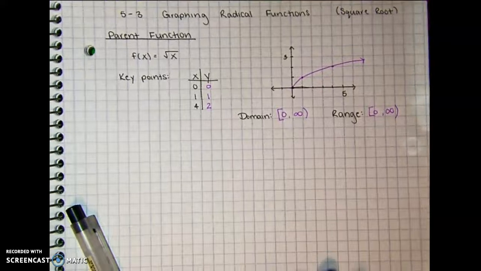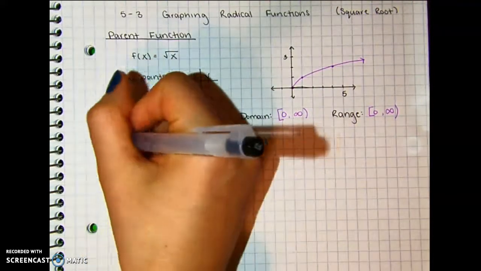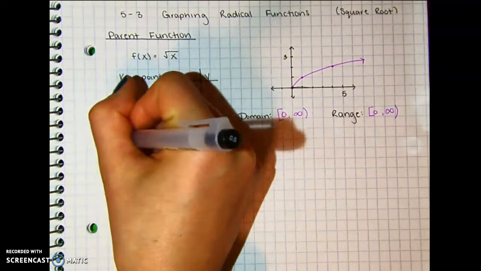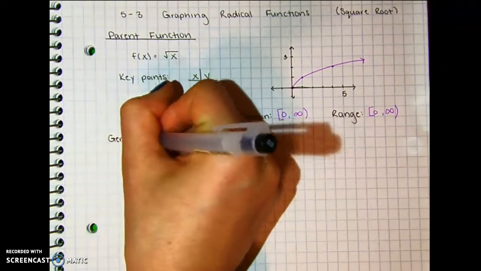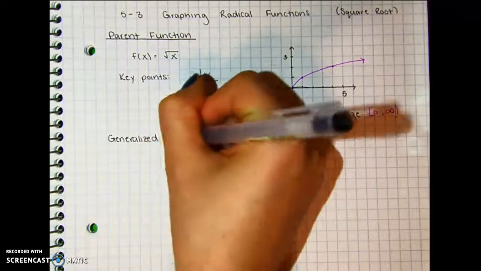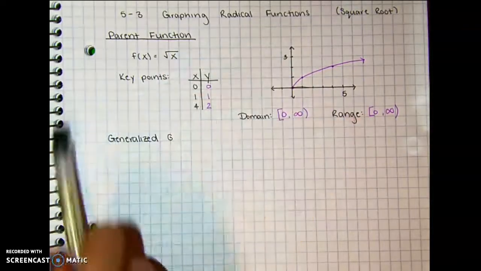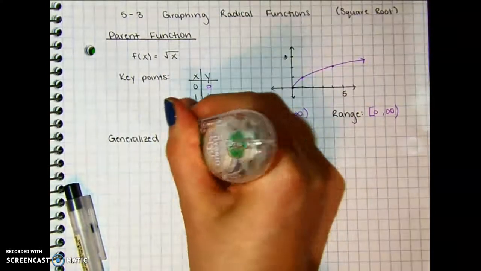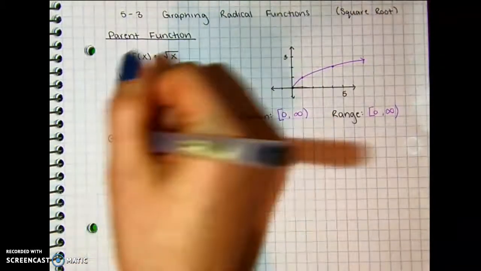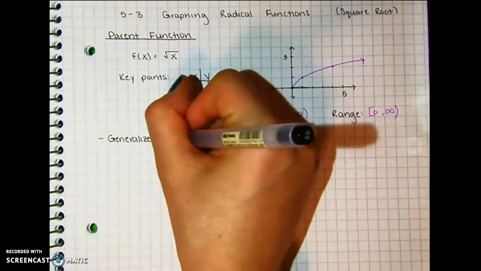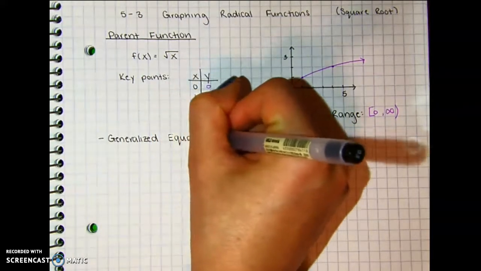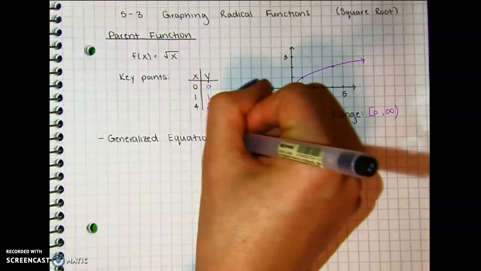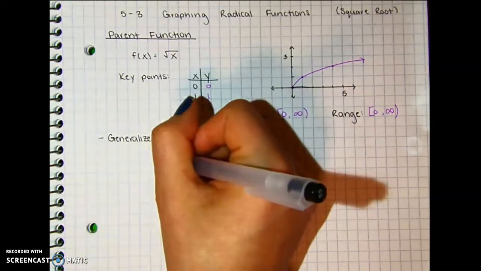Alright, so that's the parent function. Our generalized equation, and this is going to be for transformations. We've done this so many times, so I'm just going to go over it once.